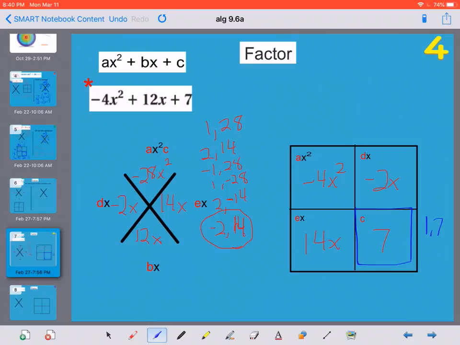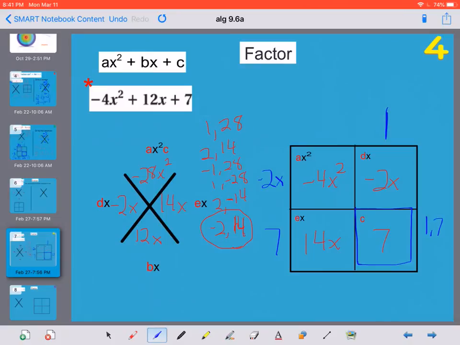Well, I see that 2 is here and 14 is here. So I know that I'm going to need to multiply something by a higher number to get to 14. So the higher number that I see is 7. Then that must mean the 1 is going to go here. Well, how am I going to get negative 2 from 1? Well, I'll have to multiply by negative 2x.